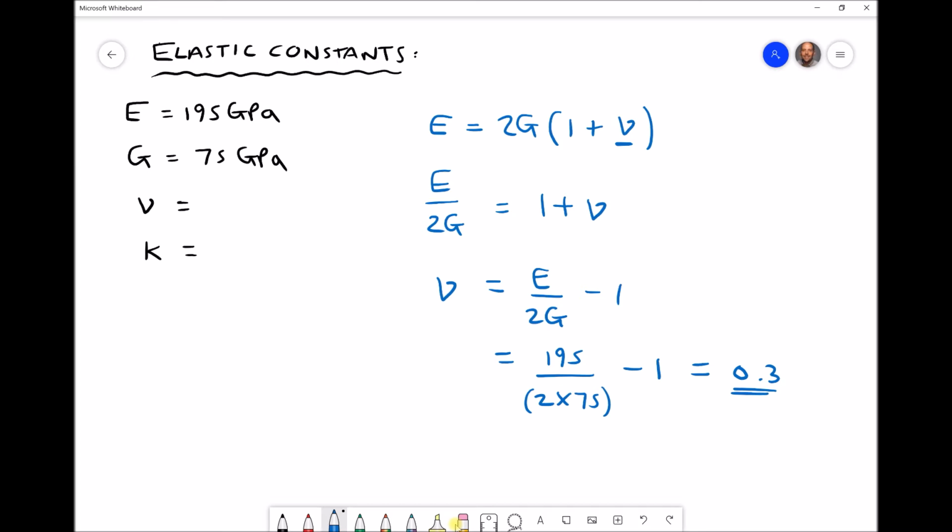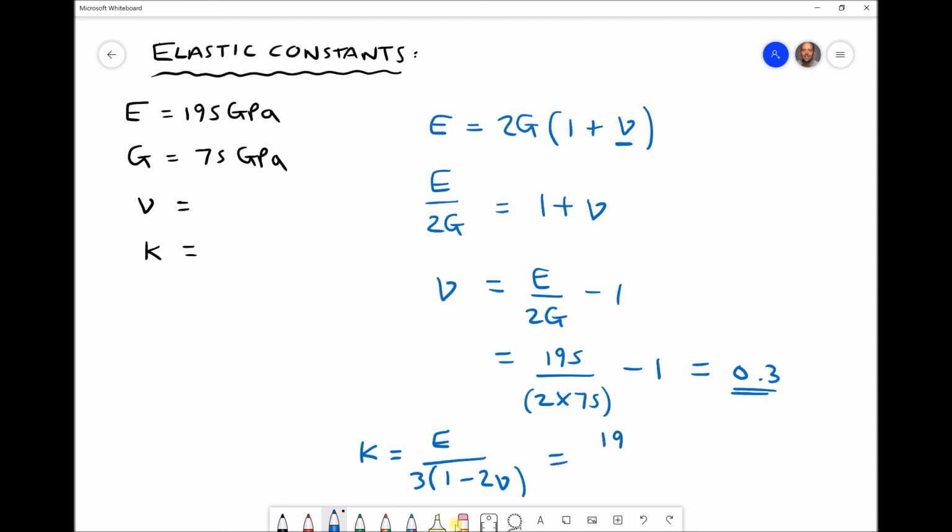Now, the other unknown that we have there is our bulk modulus, and we have an equation for calculating bulk modulus, which states that bulk modulus K equals E over 3 times 1 minus 2 times the Poisson's ratio. And once again, we can plug in our values.